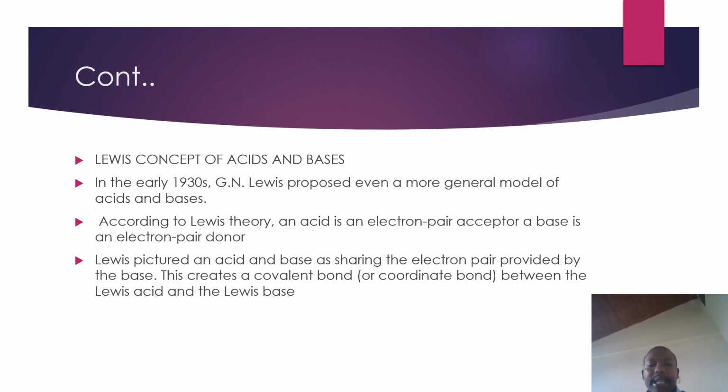A base is an electron pair donor. Lewis pictured an acid-base reaction as sharing an electron pair provided by the base. This creates a covalent bond, a coordinate bond, between the Lewis acid and Lewis base.